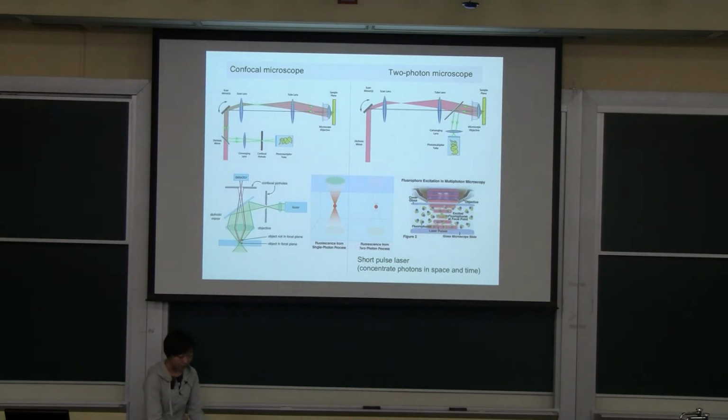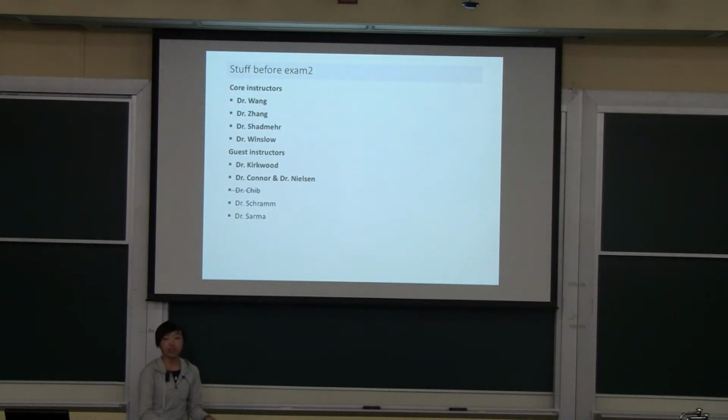Then I'll quickly go through some of the material before exam 2. My suggestion is to start from the four core lectures, Dr. Wang, Dr. Zhang, and Shamir and Winslow, especially the parts that were not tested in the previous two exams.